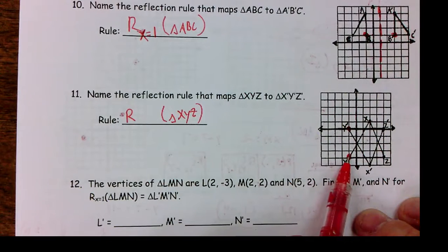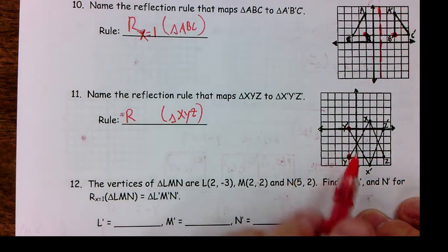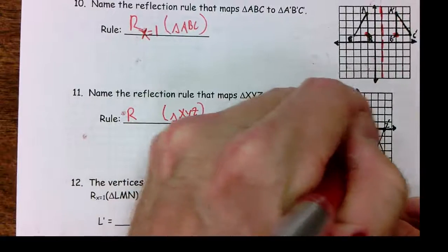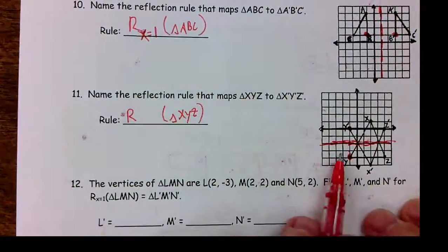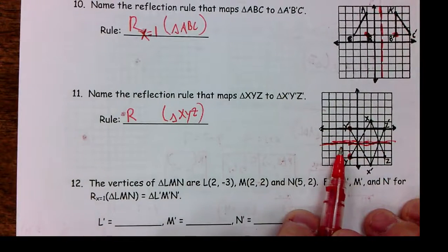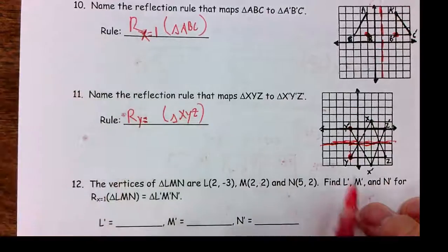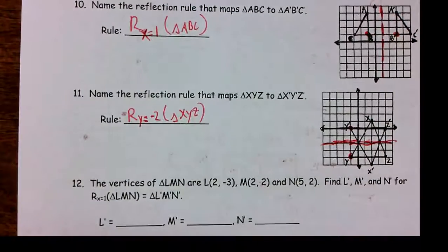And I'm going to see how far apart they are. 1, 2, 3, 4. So I'm going to go halfway, which would be 2, and make my line there. So that would be this line. That's not a very good line, but there you go. A horizontal line. It's going to be y equals, because it's horizontal, and it's at negative 2. It's going to be y equals negative 2. And there's my reflection rule.